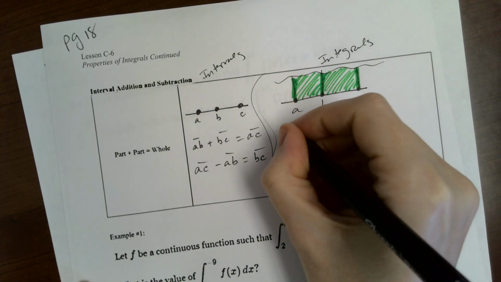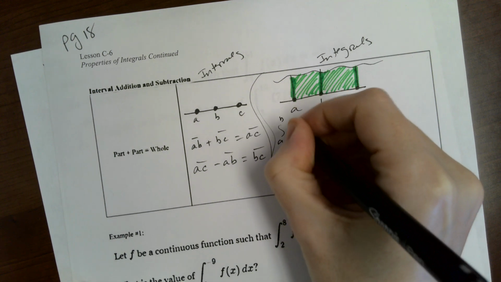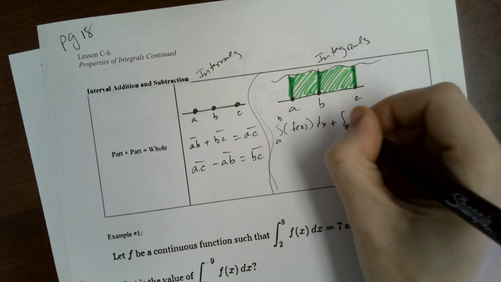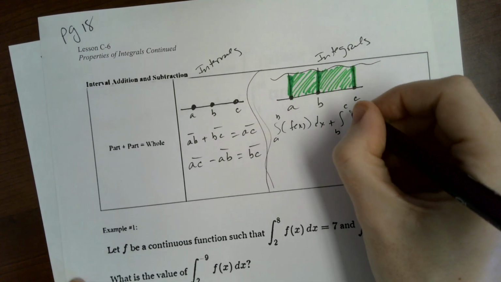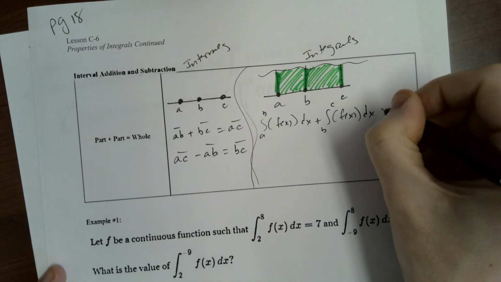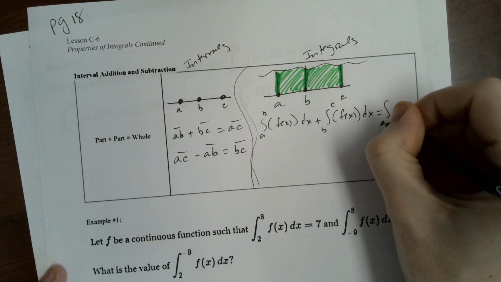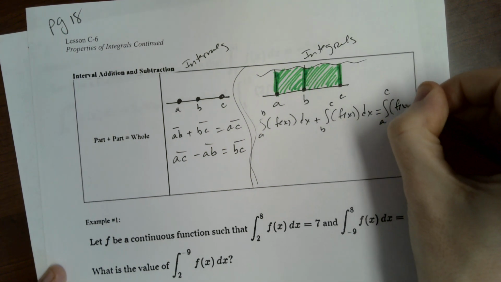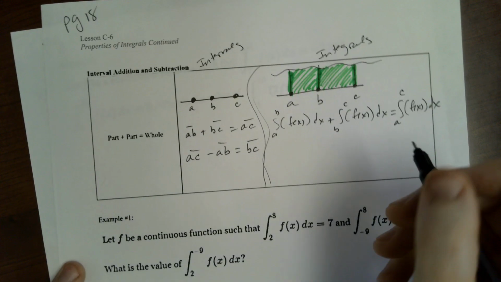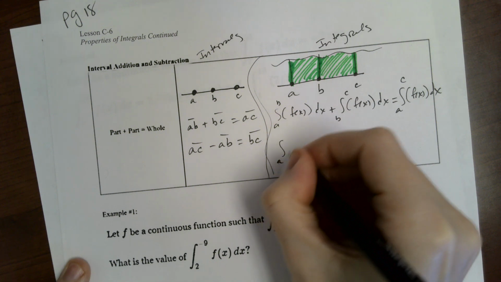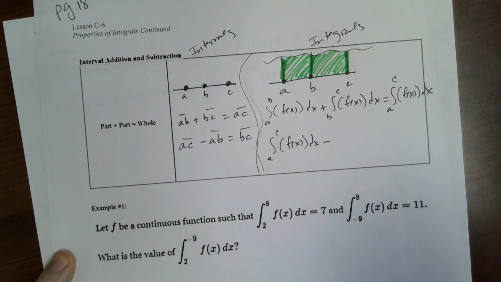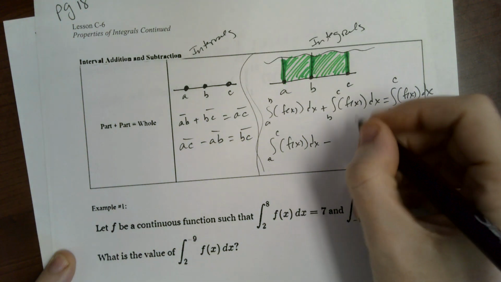So with integrals, it looks like this. If you take the integral from A to B of f of x dx plus the integral from B to C, that is equal to the integral from A to C. Okay, and then let's do a subtraction version. You could take the integral from A to C, and you could subtract from it either of the smaller integrals.